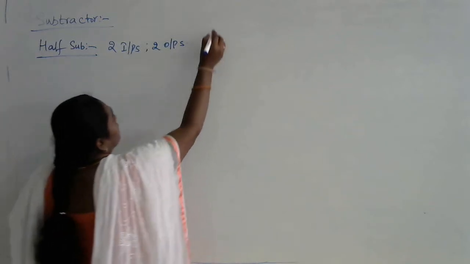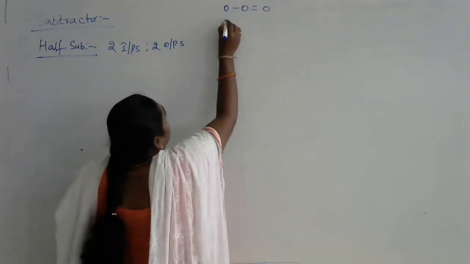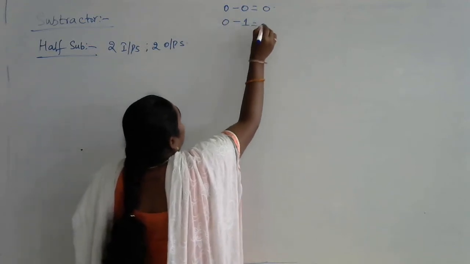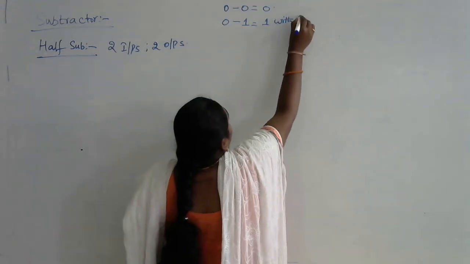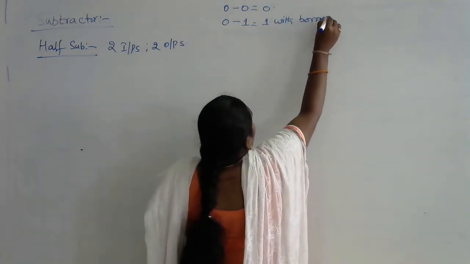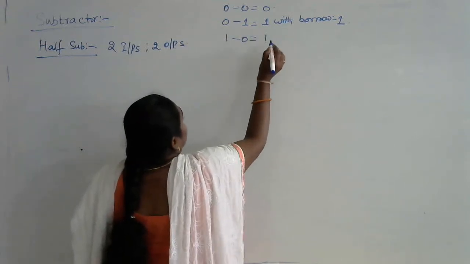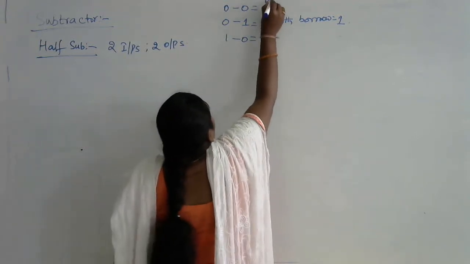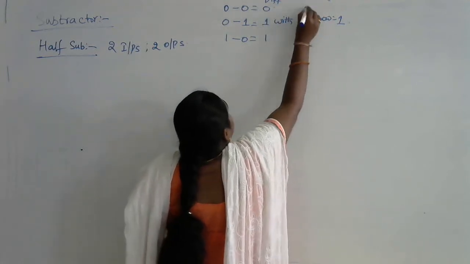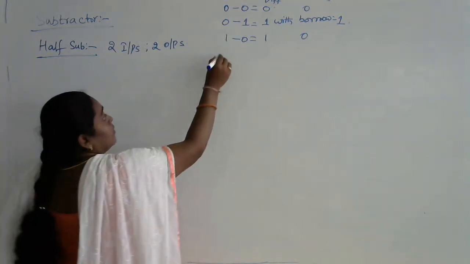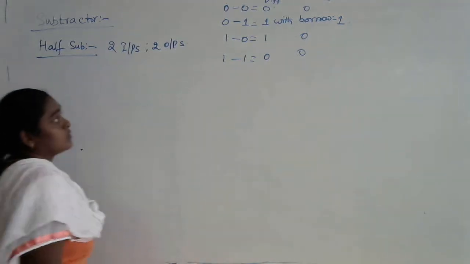Before going further, we need to know that 0 minus 0 is 0; 0 minus 1 is difference 1 with borrow equal to 1; 1 minus 0 is 1, here borrow is 0; and 1 minus 1, difference is 0, borrow is also 0.